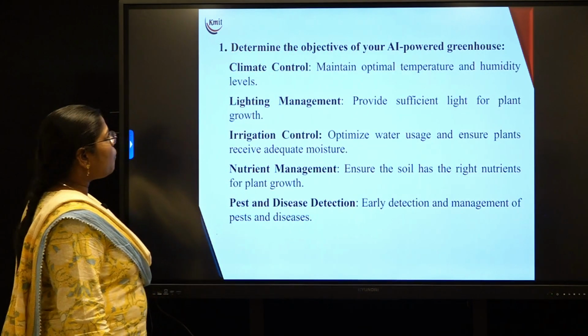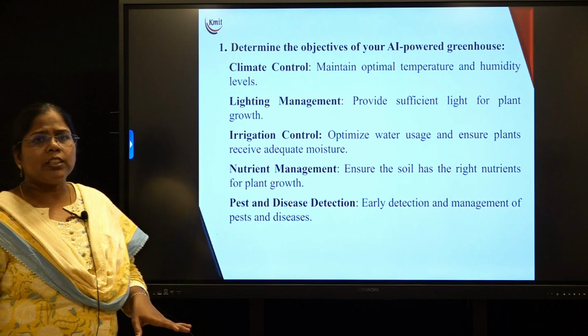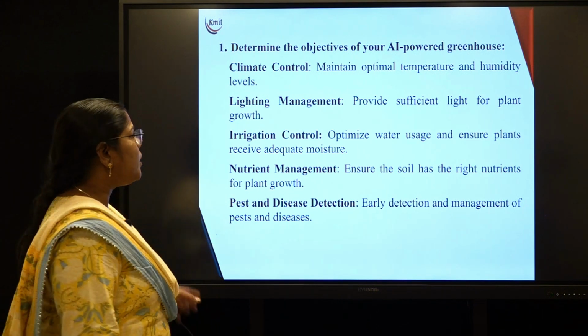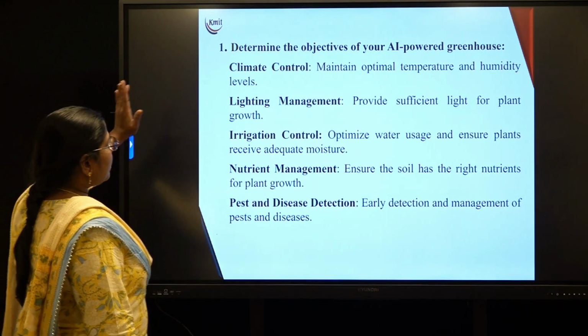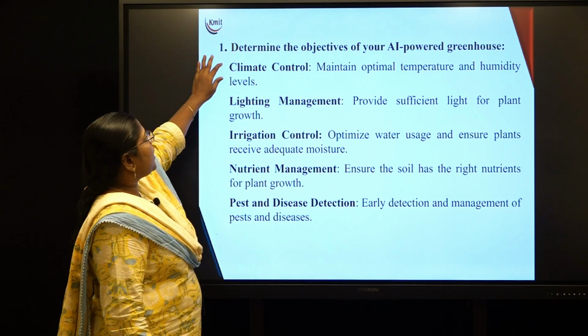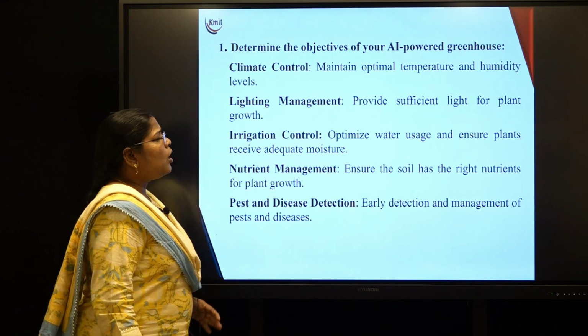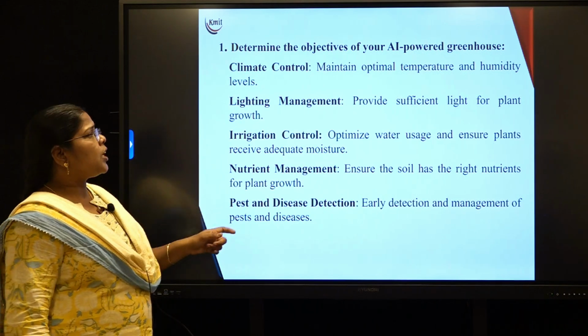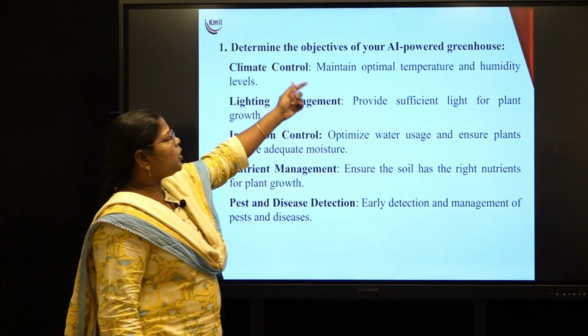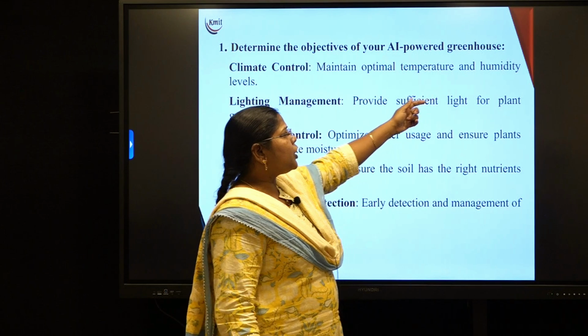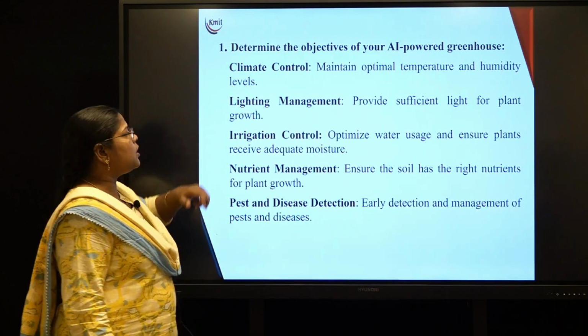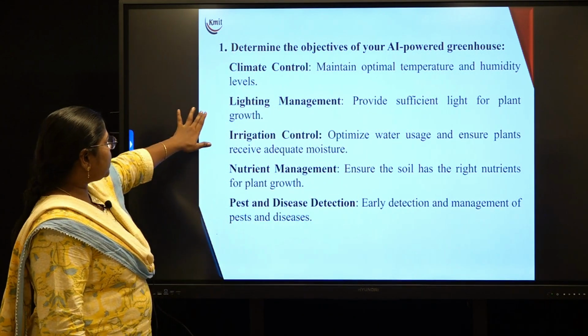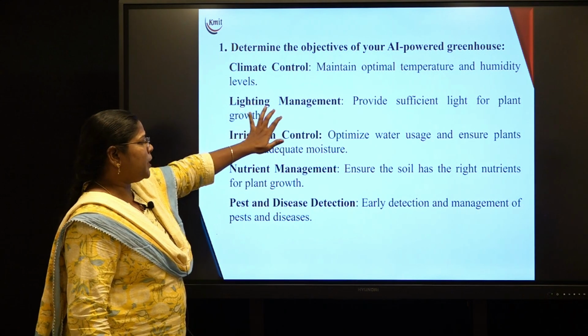So, what are the objectives to design an AI powered greenhouse? First one is climate control, to maintain the optimal temperature and humidity levels. Next is lighting management.